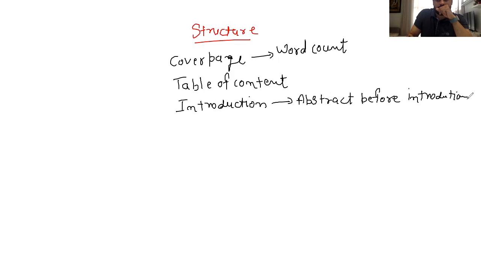Abstract means a summary. Your assignment does not say anything about the maximum limit for the abstract, but I will say try to keep it to a maximum of 100 words.